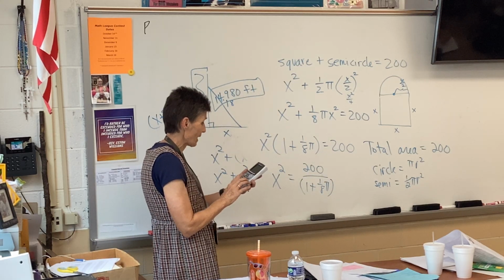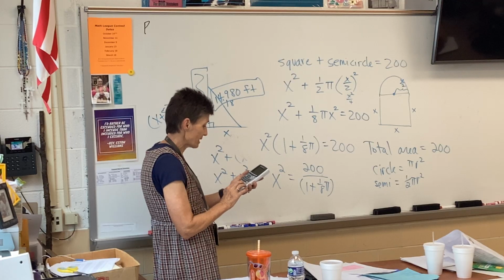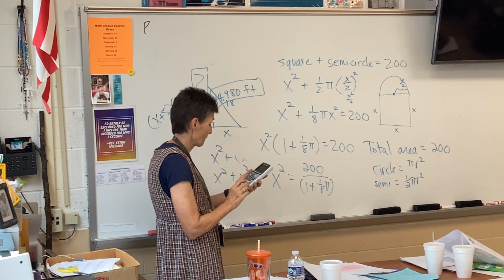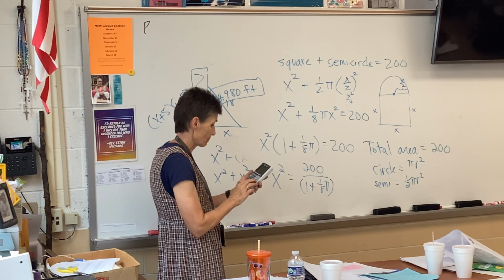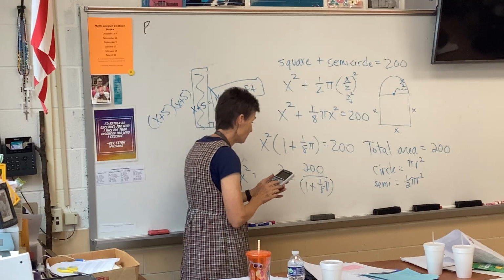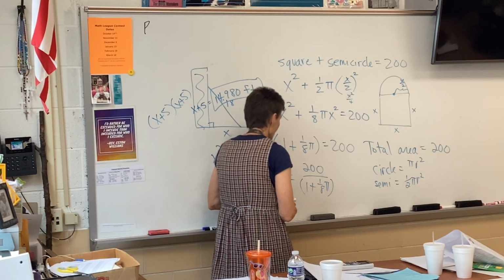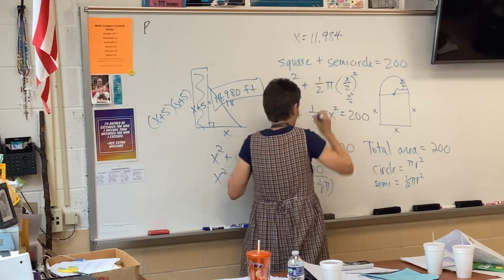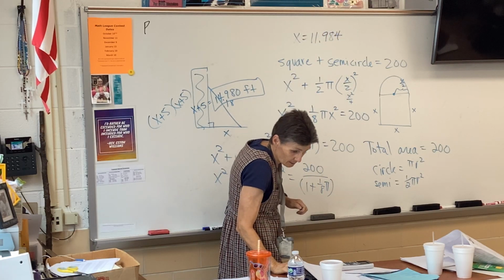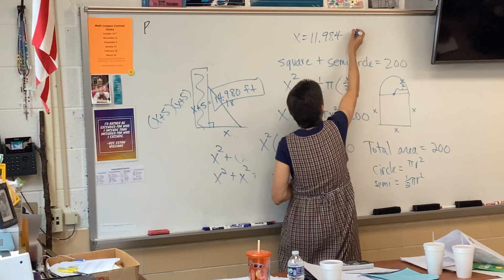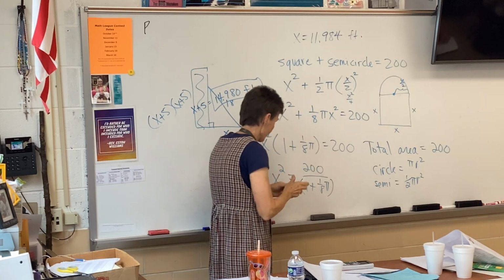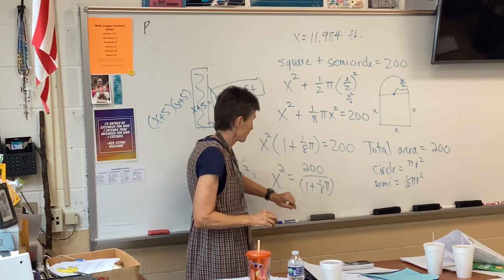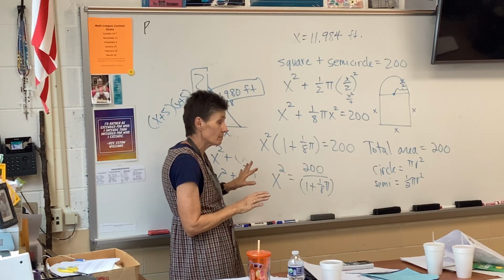So let's see if we can do that. Typing this in could be a bit of a challenge. 11.984 should be your answer. So I typed in the fraction exactly the way I wrote it.